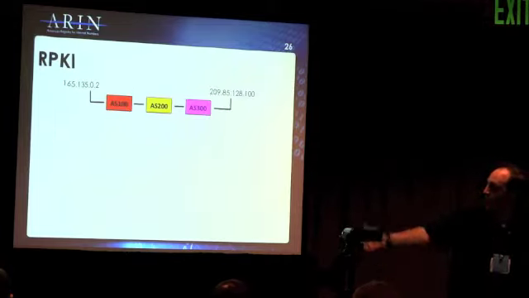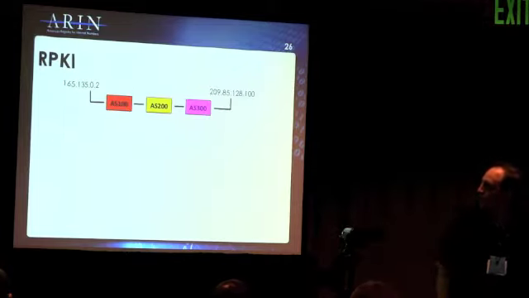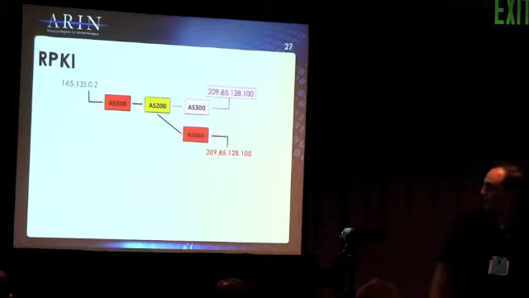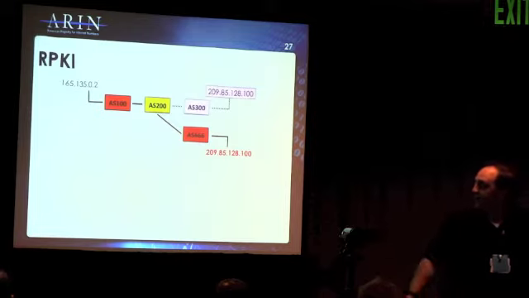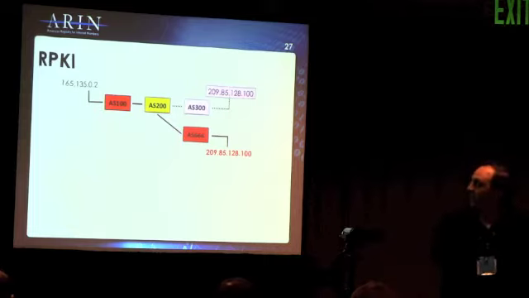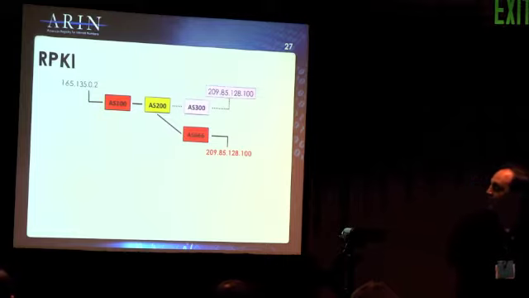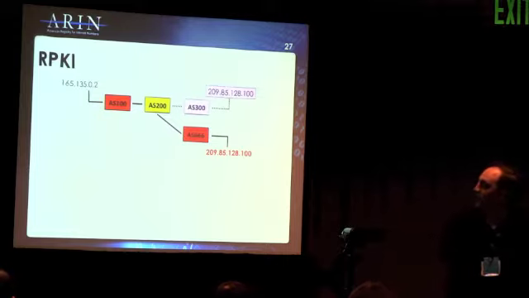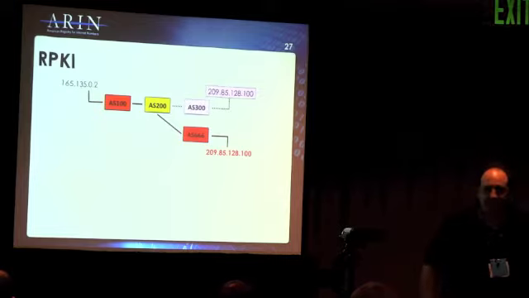And so it has a path like this, through AS100, AS200 to AS300. But then along comes AS666 and says, hey, I have a highly preferred route to 209.85.128/17. AS200 sees that, says, I'm going to send it to AS666. And suddenly, for at least some of the network, you are offline.